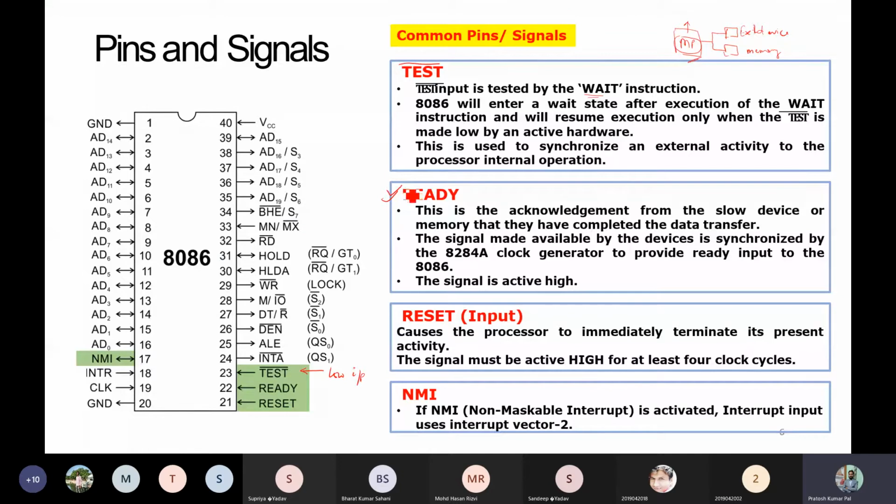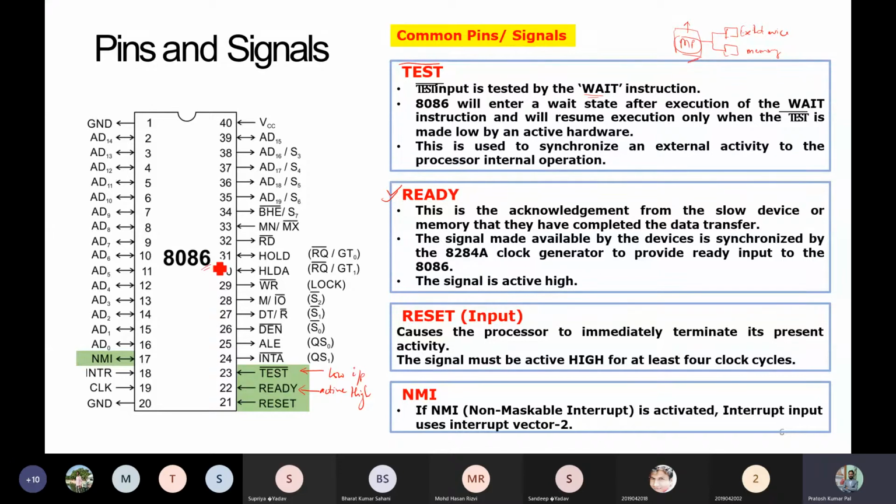If that external peripheral device or memory has completed its data transfer, then it will give a ready input at pin number 22. This is an active high pin. If it is high, a one will be given to this ready input of 8086.